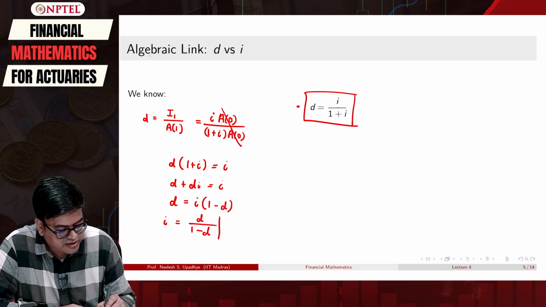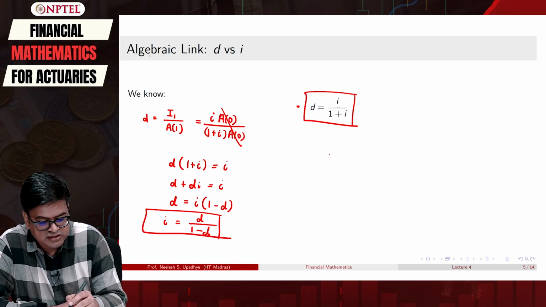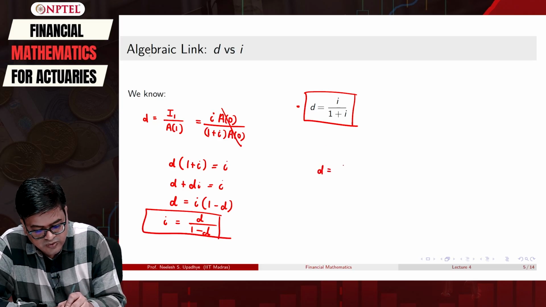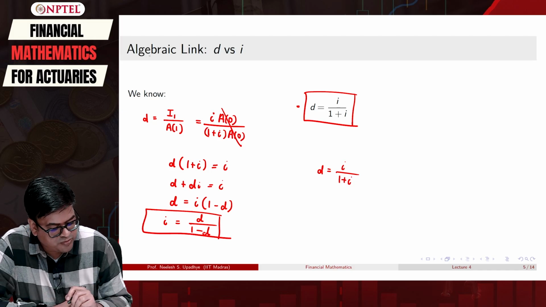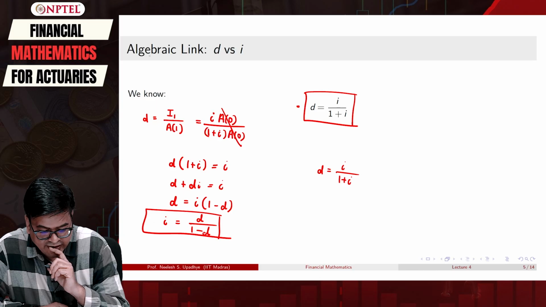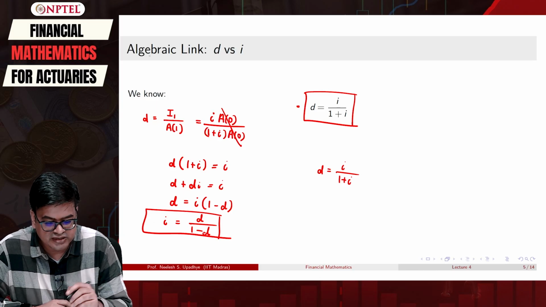Wonderful. So what I have received here is D is equal to I upon 1 plus I, or I is equal to D upon 1 minus D. Can we do it in some other way?